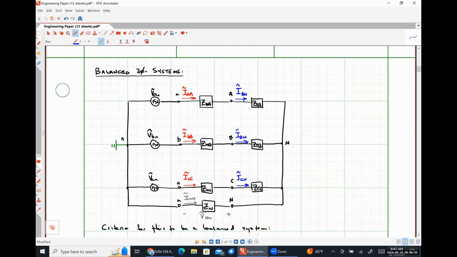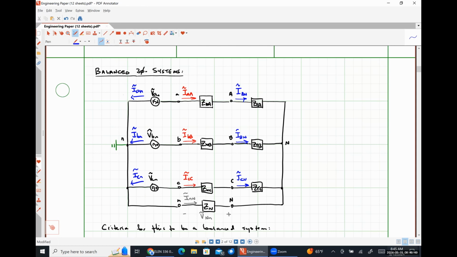How are our line currents related to the phase currents in our source? IAN, IBN, and ICN. They are the exact same currents, except they're in the opposite direction.